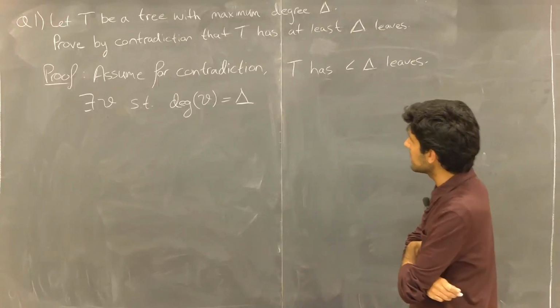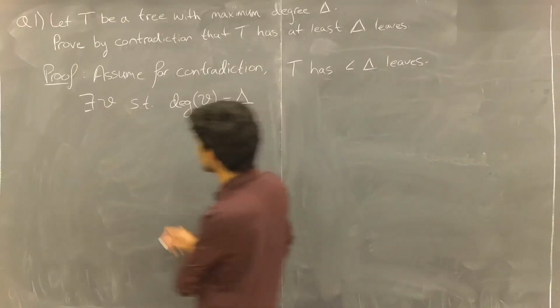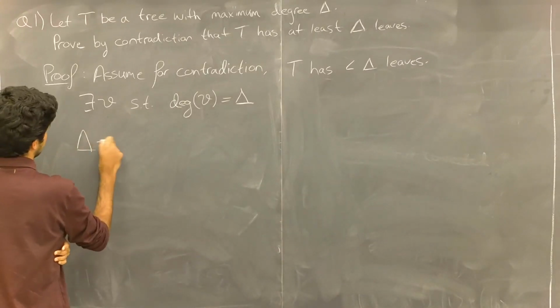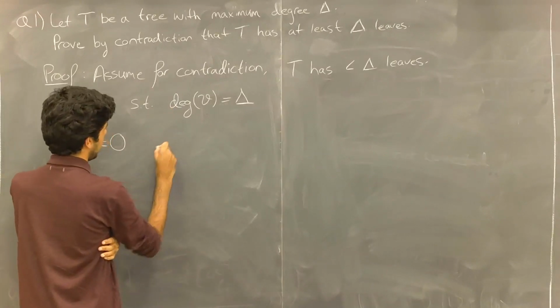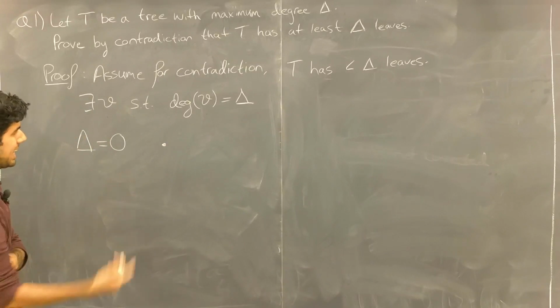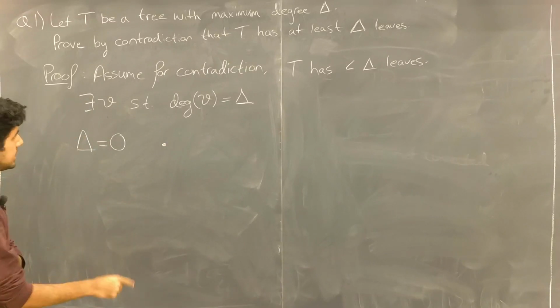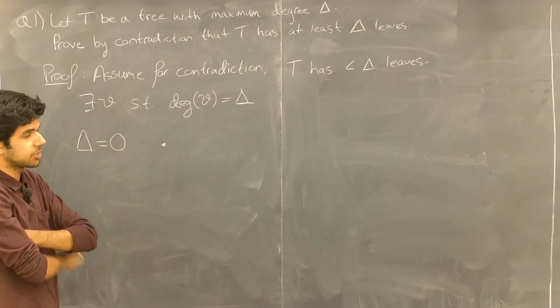Okay, so let's consider what delta could be. If delta is equal to 0, then V must be a single isolated vertex, because it has degree 0. And in fact, this will be the only vertex in our graph because the graph is a tree.